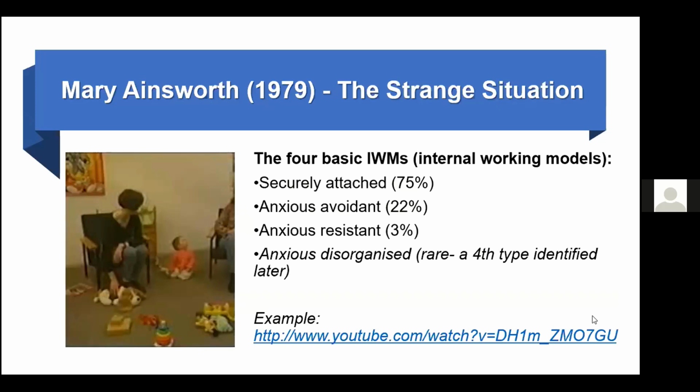This set up a situation in which a toddler was briefly separated from their parent under controlled conditions in order to test their reactions to the parent's departure, and then look at the subsequent reunion, as well as the arrival and departure of a stranger to the room. So they essentially looked at the child's response to the parent leaving the room and coming back, as well as the response to a stranger entering the room and then leaving again.